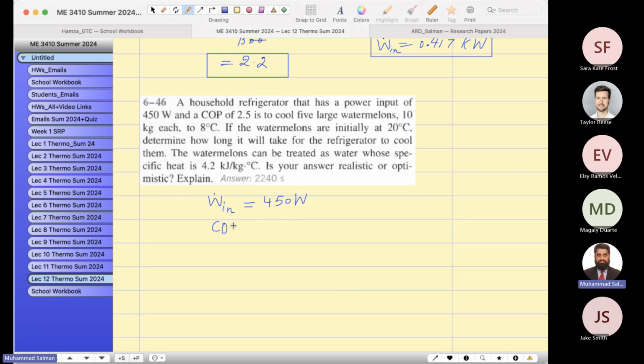And the coefficient of performance of this refrigerator is 2.5, to cool 5 large watermelons. So the number of watermelons, there are 5. Initially, the mass of each is 10 kilograms.